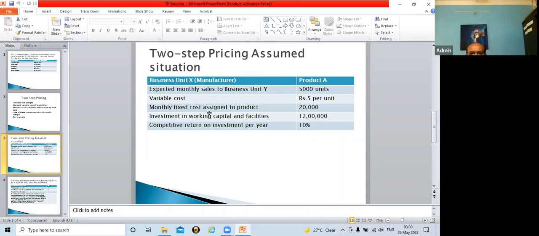So this is the monthly cost for 5,000 units. 20,000 divided by 5,000 gives us fixed cost per unit. Do this calculation, everyone. How much is the value?